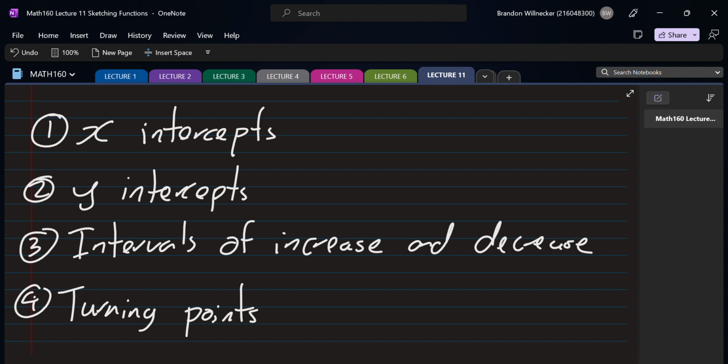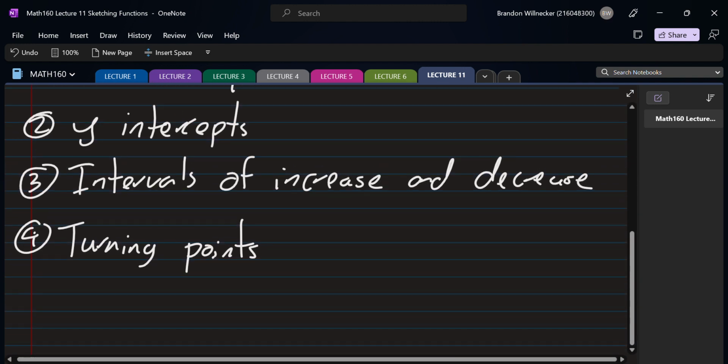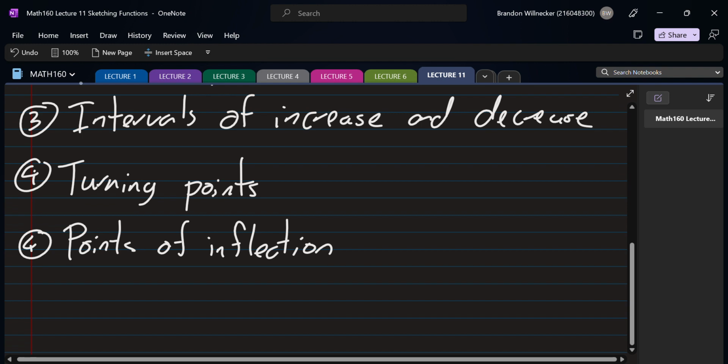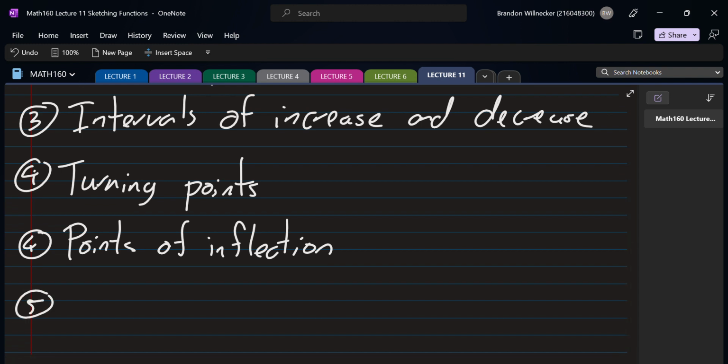We're going to use that to sketch the curves. Number five, points of inflection. If you haven't heard that before, we'll go through it. And number six, vertical and horizontal asymptotes.